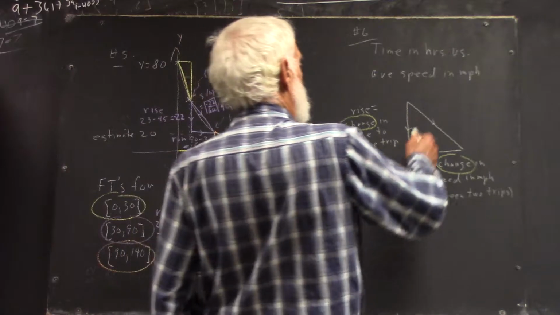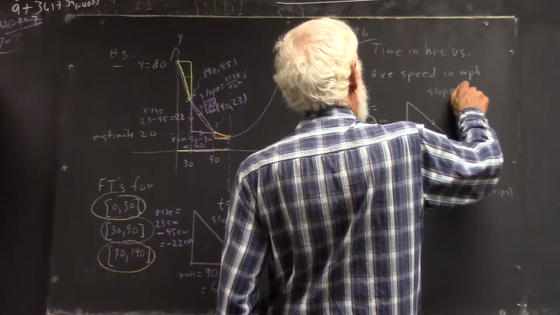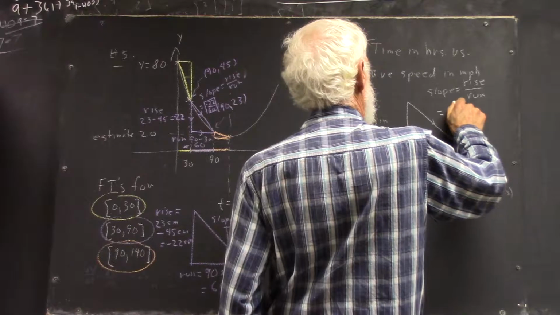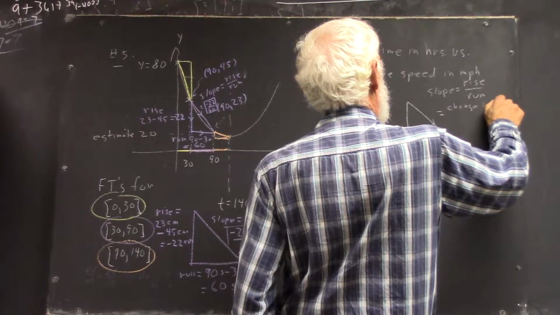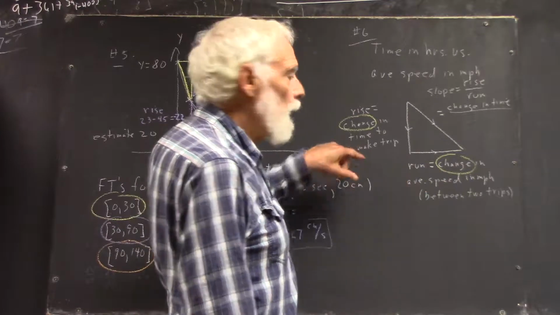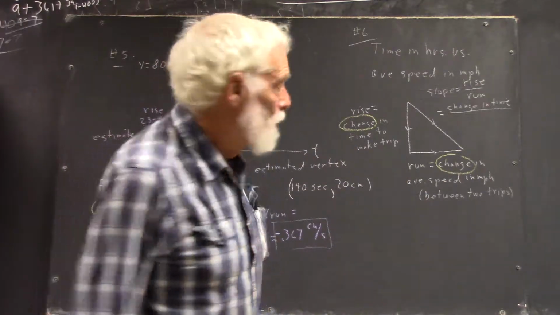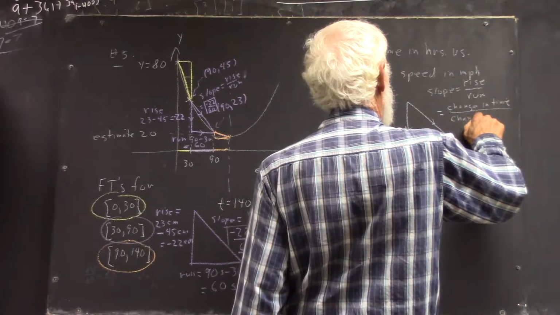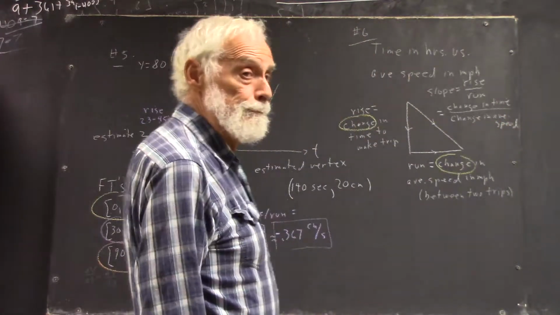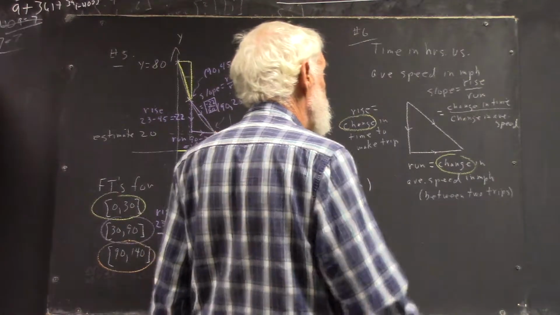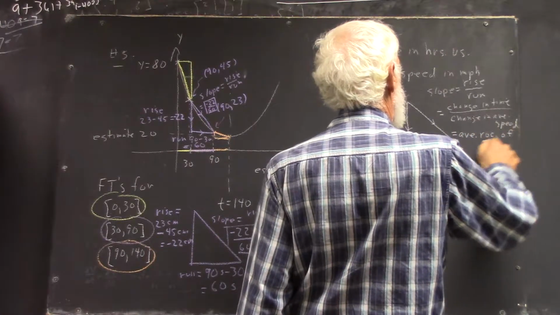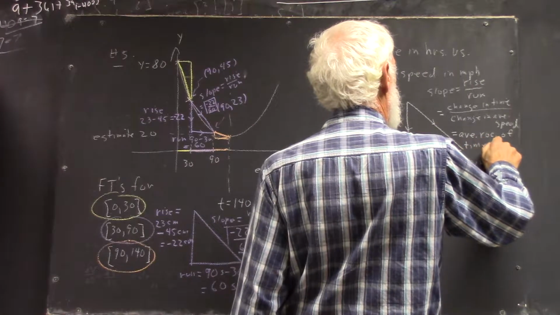So, your slope is rise over run. That equals change in time, and I would actually advocate writing out the change in the time required to make a trip, okay, divided by change in average speed, okay, equals average rate of change of time.